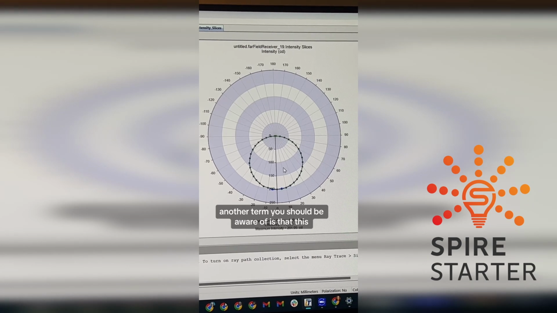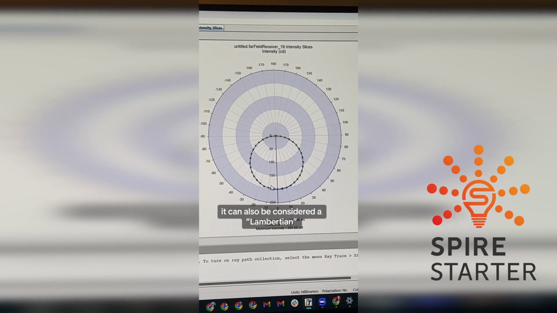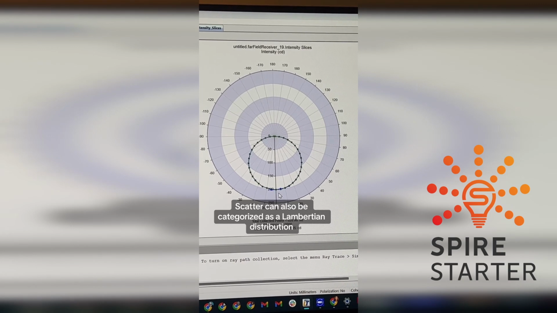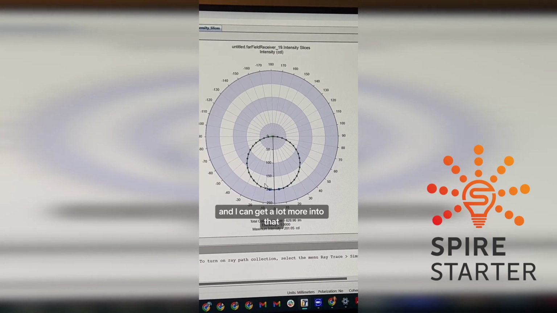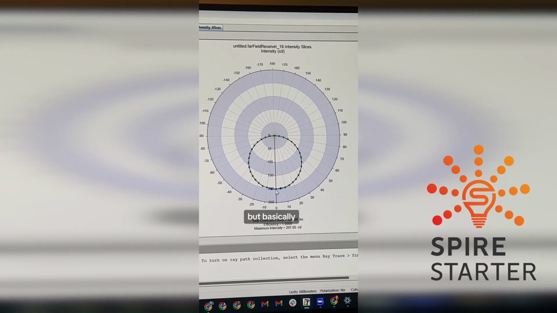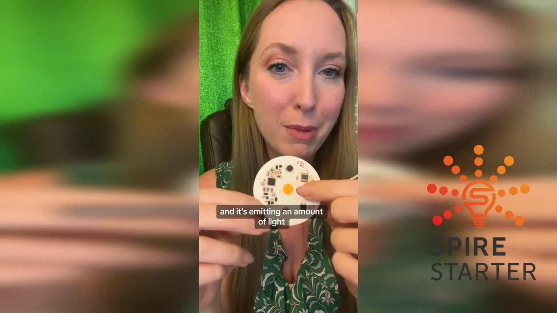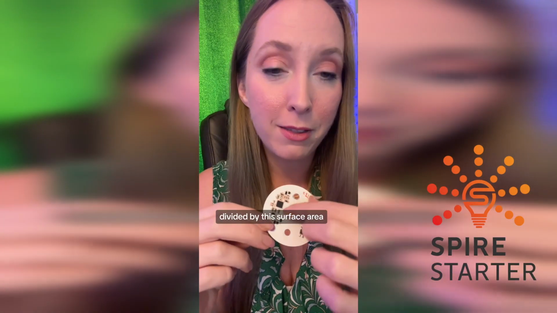Another term you should be aware of is that this full width half max of 120 degrees can also be considered a Lambertian distribution. Scatter can also be categorized as a Lambertian distribution. And I can get a lot more into that, but basically it just means that if you have a source emitting an amount of light, you're going to get so many light rays divided by this surface area.